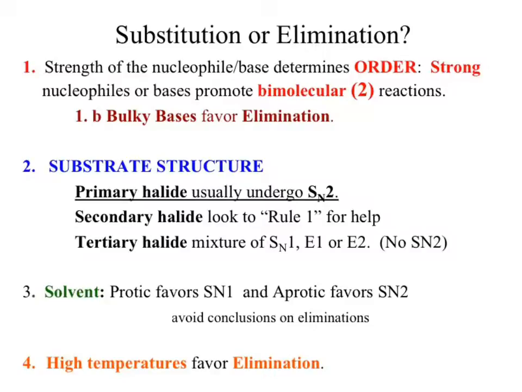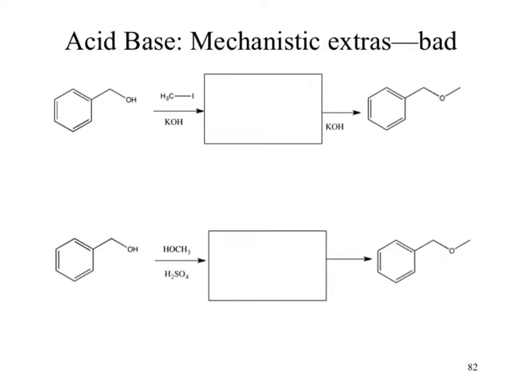You need to find something else to differentiate. Your tertiary halides, not much better than secondary, but it does at least eliminate the SN2. Solvent: your protic favors your SN1, aprotic SN2. I would in general avoid conclusions about your elimination reactions. High temperatures favor elimination. Questions about any of that?